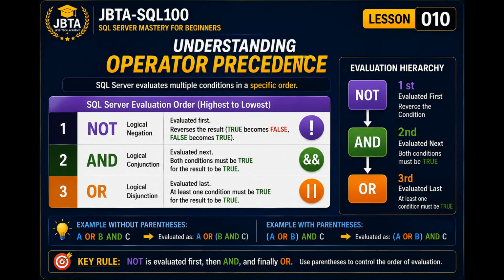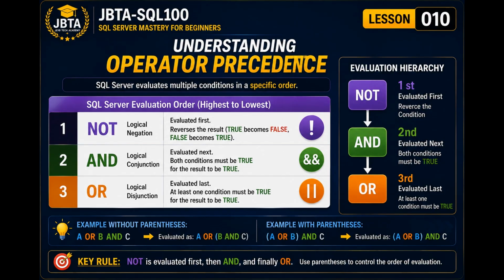So the evaluation order is very simple. First not, second and, third or. This is the default order that SQL Server follows whenever multiple logical operators appear in the same where clause. Understanding this order is very important because it directly affects the final result of your query.